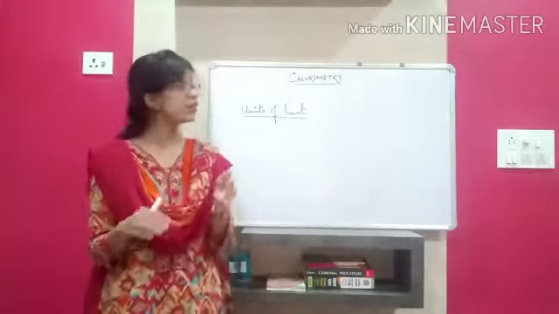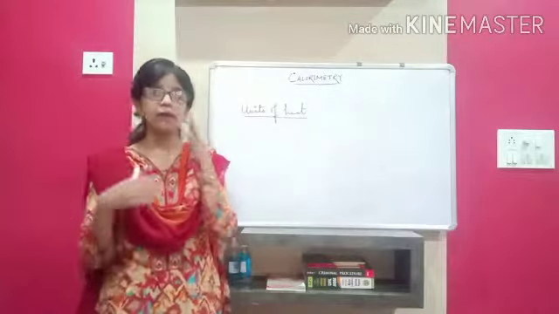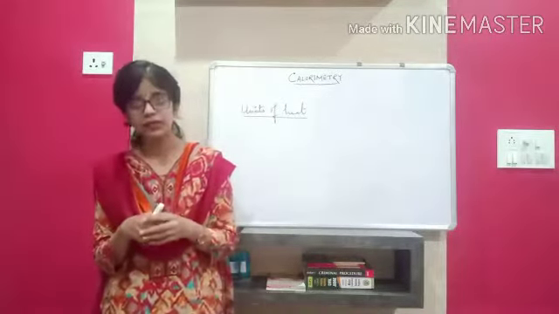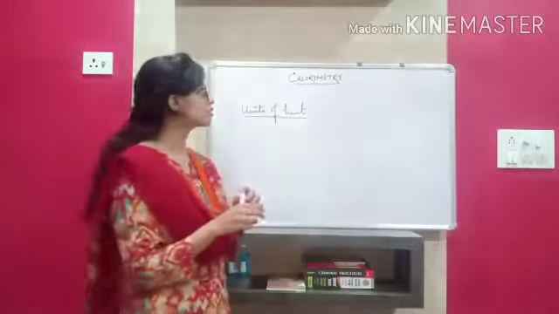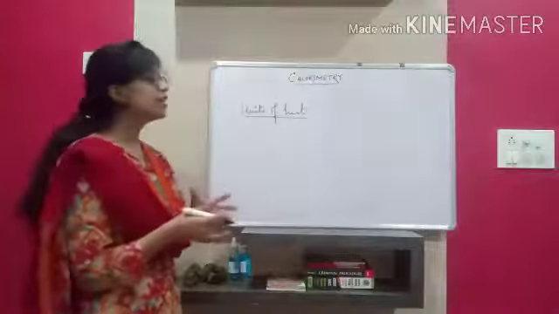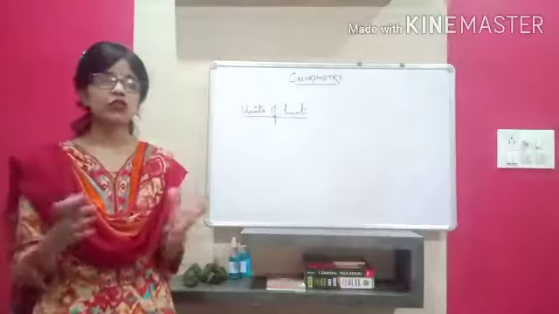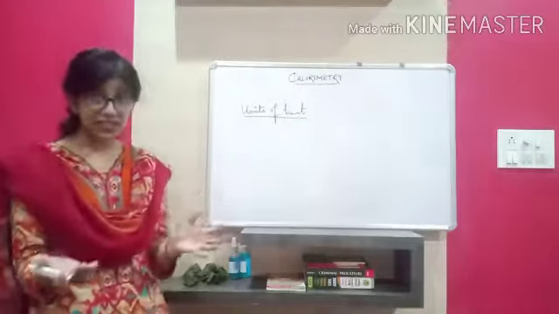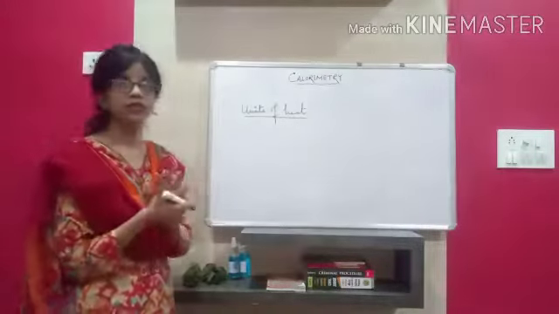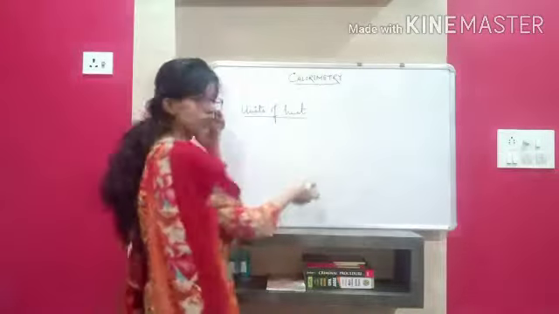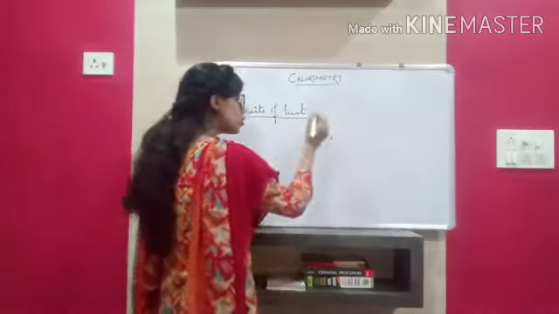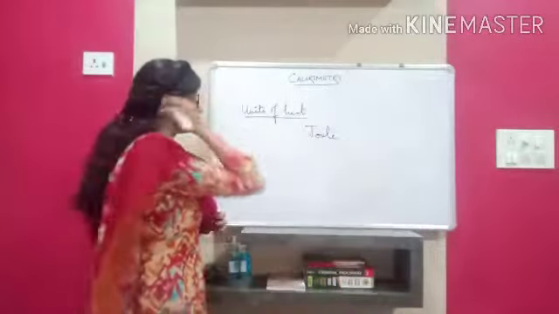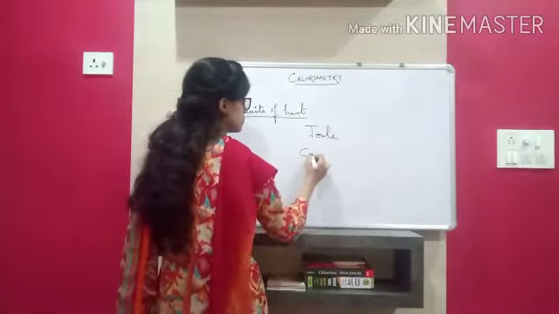Now let us talk about the units of heat. As we know, heat can be measured by the apparatus known as a calorimeter, and this measurement of heat is known as calorimetry. The most common unit, or SI unit, of heat is joule. Just now I have written there that we can measure heat in joule. The other common unit is calorie.